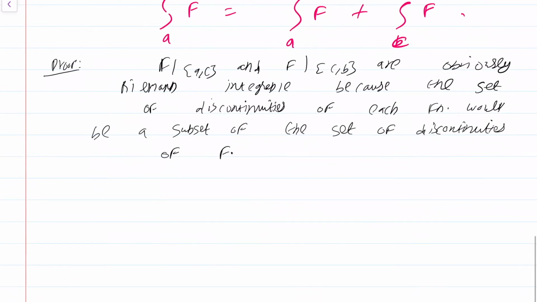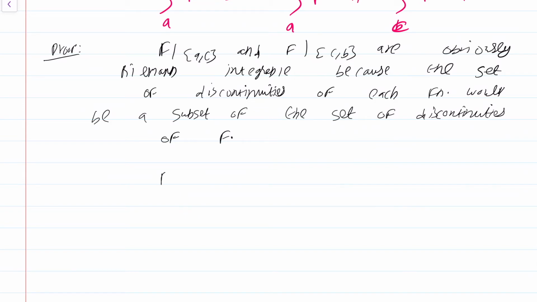Now observe that I can write f as f times chi [a,c] plus f times chi [c,b]. I can write the function f as a product of the function f and chi [a,c], plus f times chi [c,b].